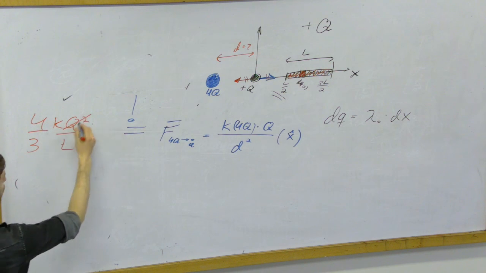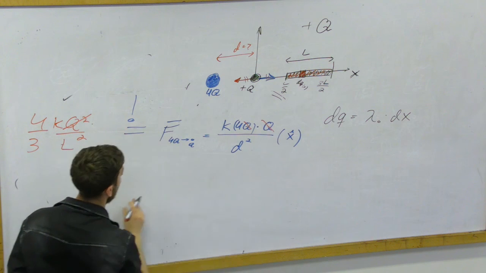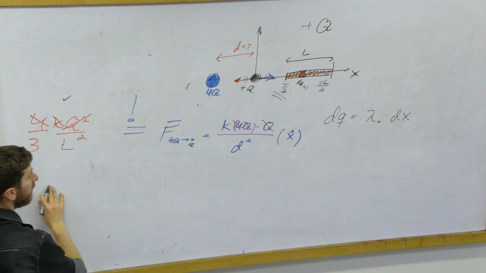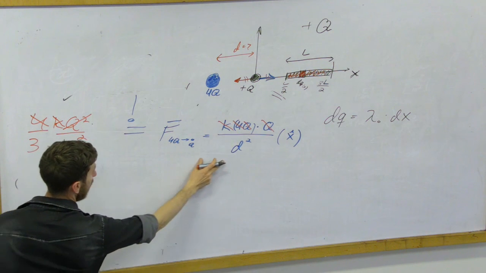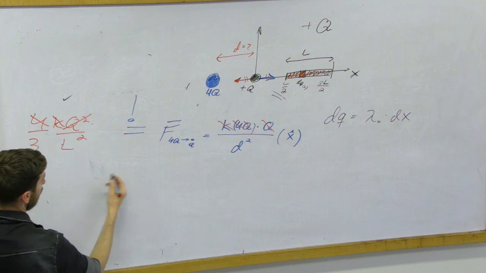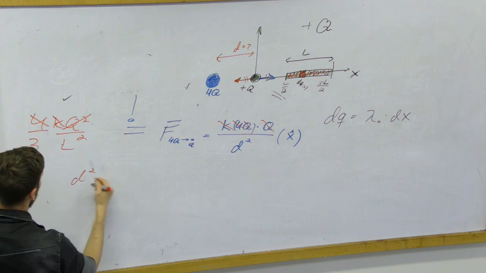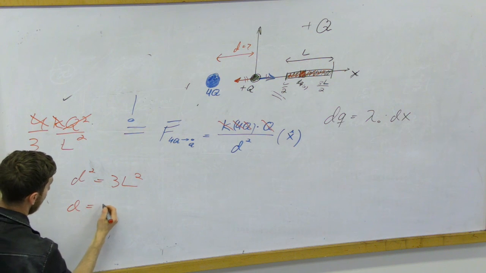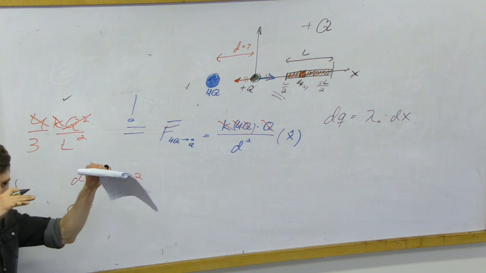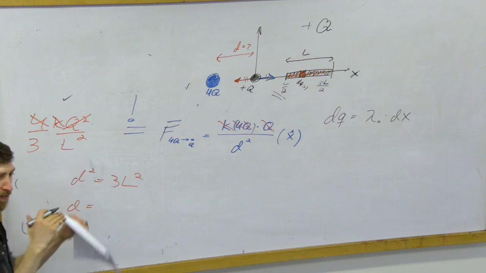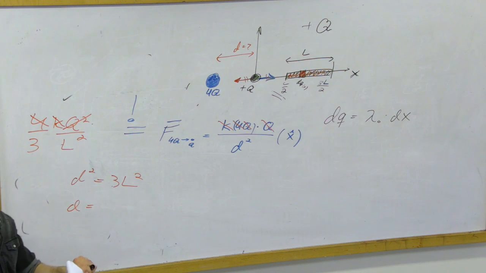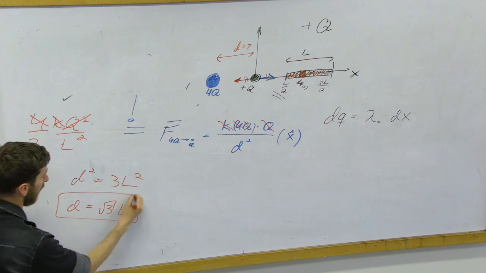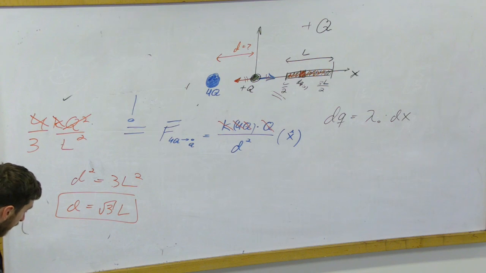I see the Q falling out, K dying out. I still have this D, so I multiply by D squared, multiply by L, 3 squared, take a root, right? I can take the root of each side because I do it for both of them. If I do it to one side only, it's not going to be even. So D is square root 3 multiplied by L, and we found D.